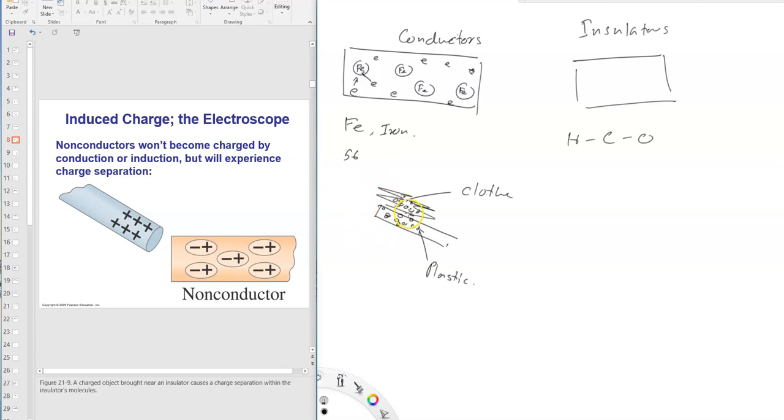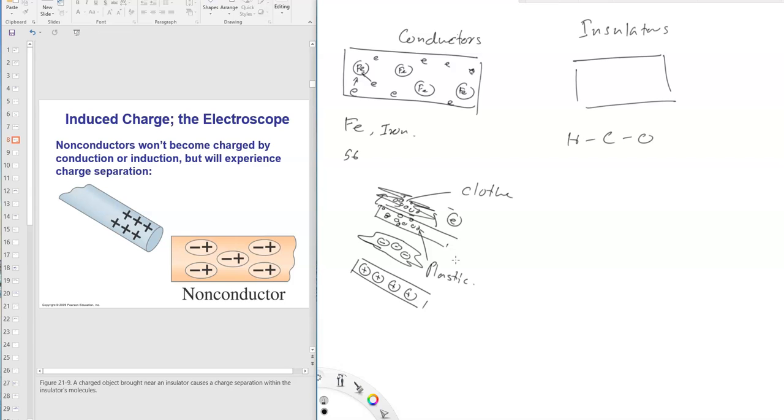Let's say the atoms in the cloth are able to attract electrons from the plastic. So what happens is, electrons are moving from here. So the plastic is losing negative charges, which means the plastic is going to become positively charged. The piece of cloth will become negatively charged. This is charging by friction, or we can say charging by induction also. You are inducing charges, you are moving one to the other.